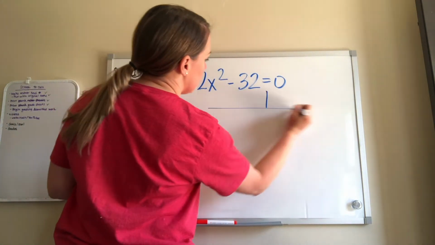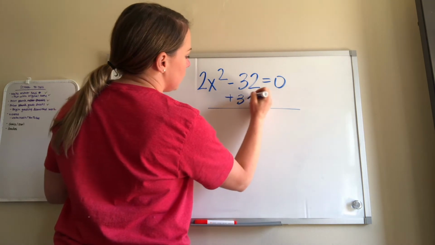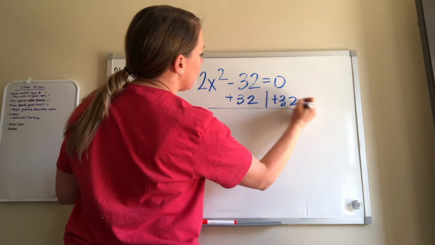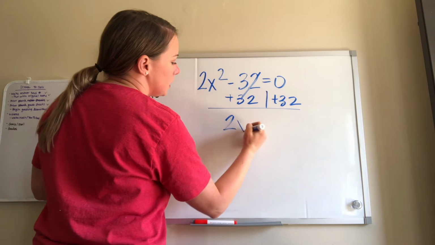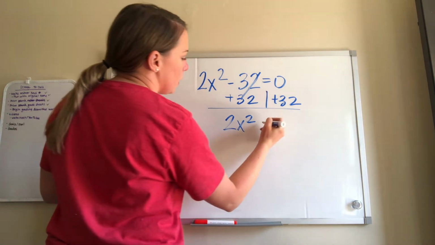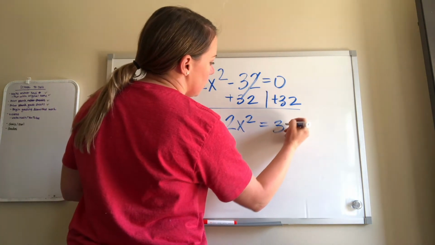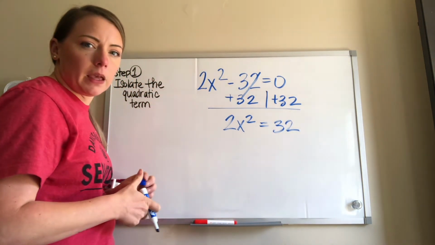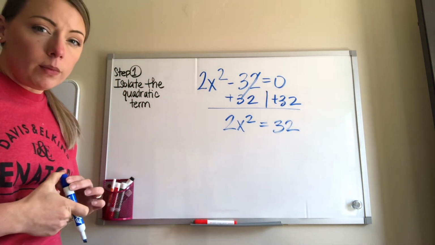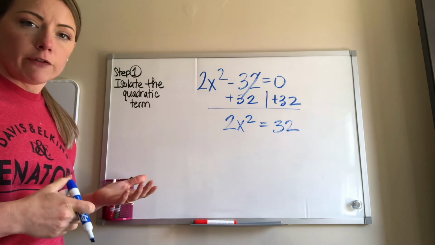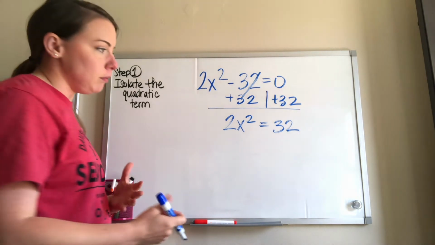I'm going to add 32 to both sides, and then I'm dealing with the equation 2x squared is equal to 32. It's almost isolated, but that coefficient of 2 is still something I can move.